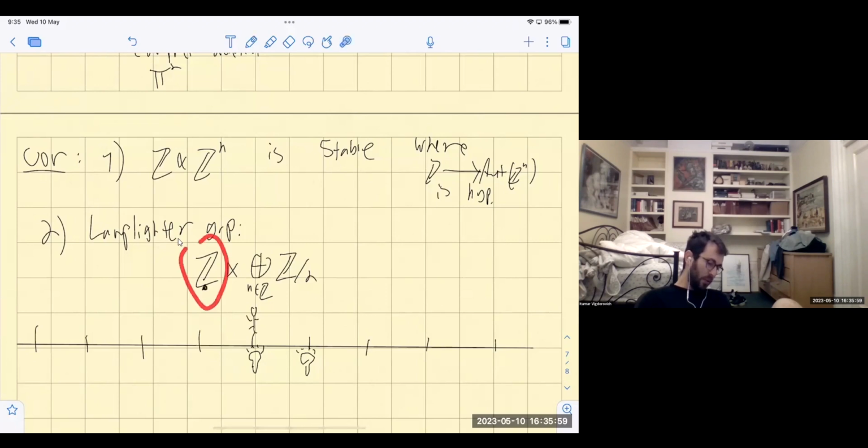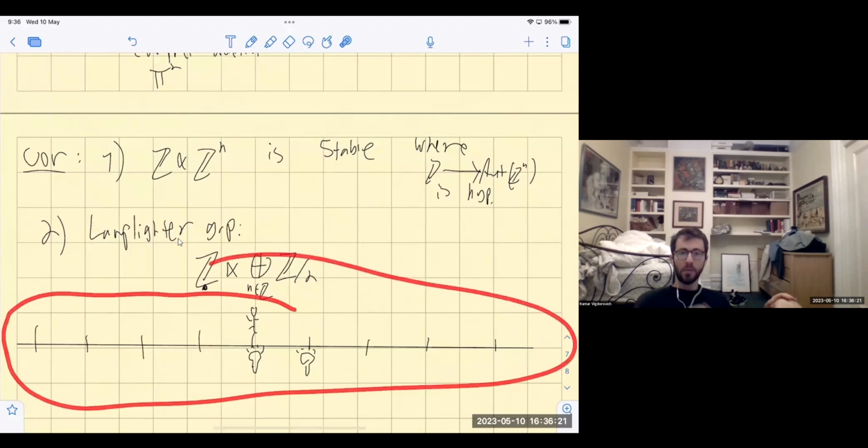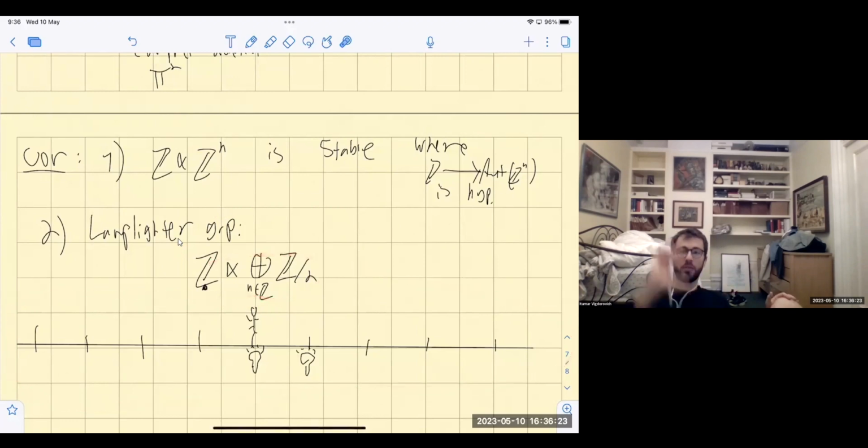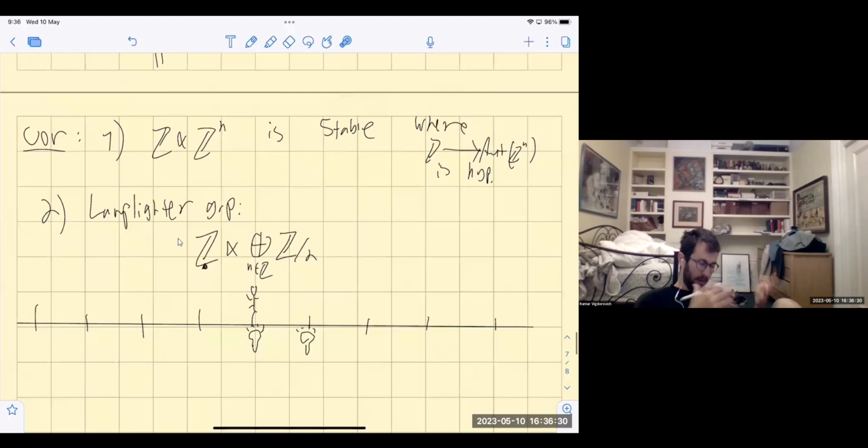This coordinate is where the person is at, and at each step he can move. Each light is either on or off. He can turn on the light, and then he can also move to the right and turn on the light there. So this group represents the space of states of this system, where the person can every time turn a light on or off and move to a different step. So it's called the Lamplighter group, and it's a very interesting group in group theory.